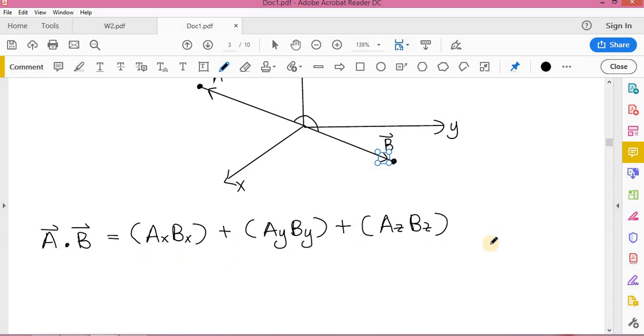Look at this equation: there is no more IJK, meaning that your answer will be a scalar parameter.